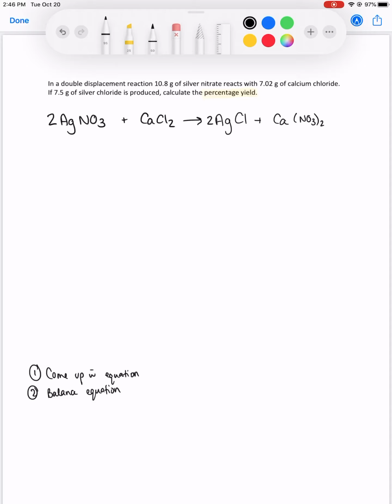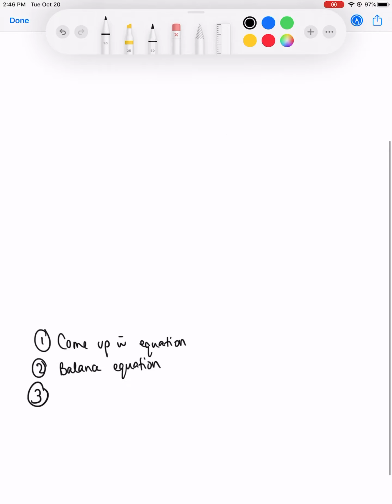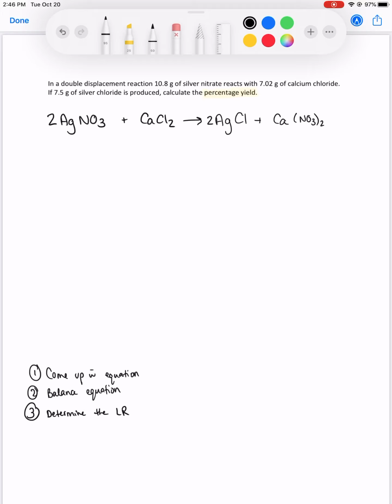So now I need to figure out what the limiting reagent is, or reactant. Okay, so that's my next step. So how do I do that? Well, I determine the moles from the masses that I was given in the equation, and whichever mole is less.